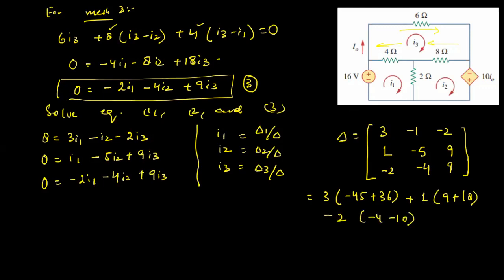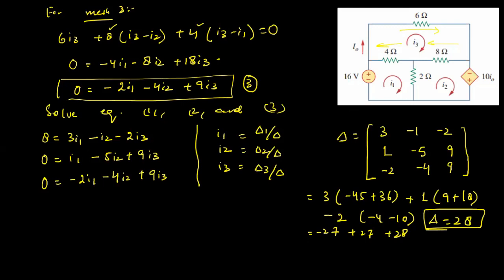Now if you solve it, this is 9 into 3, 27, but this is minus. This is again 27, and this is minus 14 into minus 2, so that is plus 28. So these two terms will cancel, so the delta value would be equal to how much? 28. So we are done with delta. Now we need to find delta 1, delta 2 and delta 3.